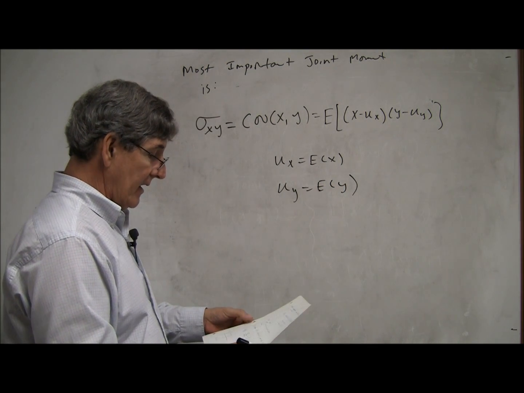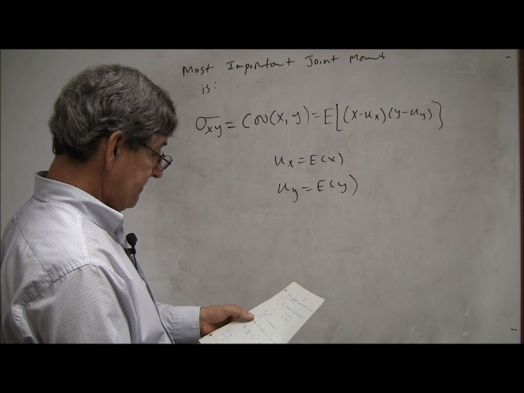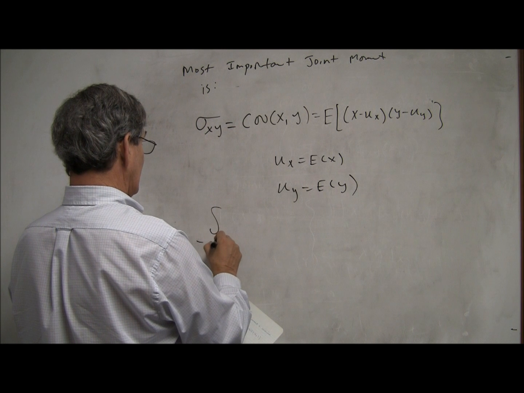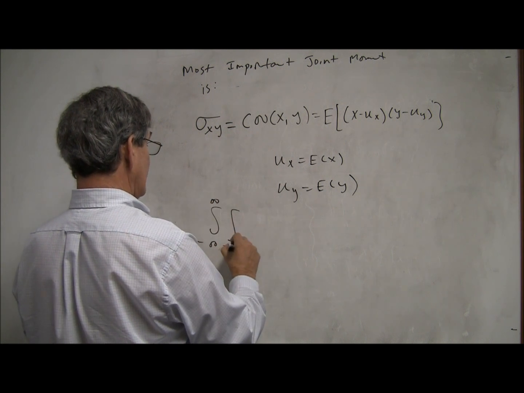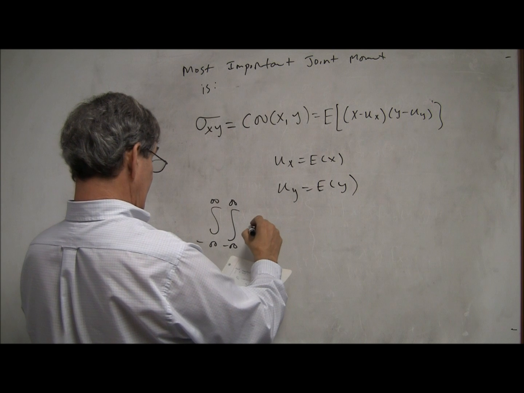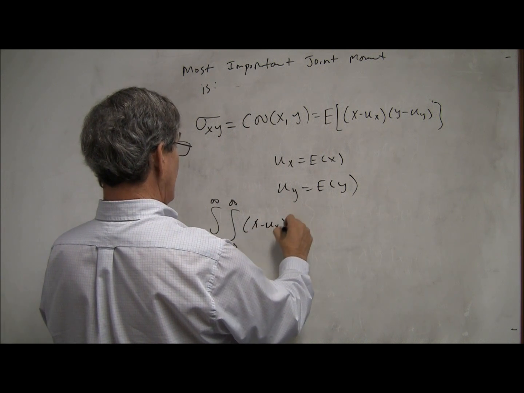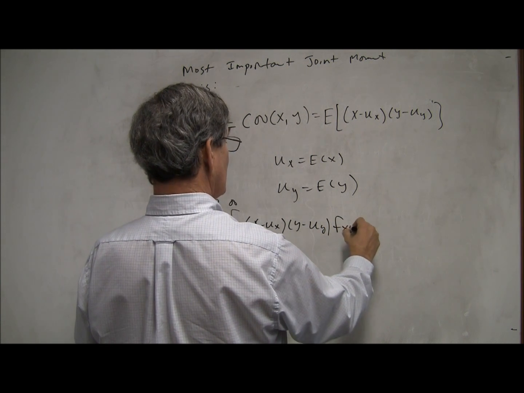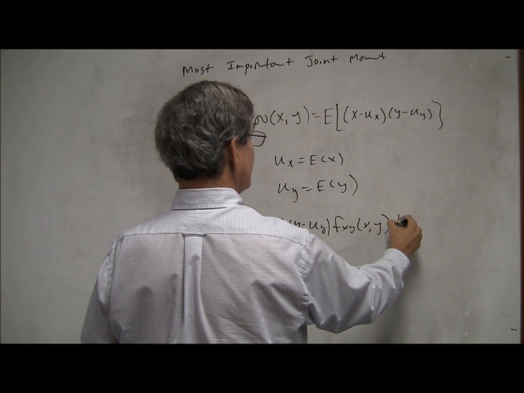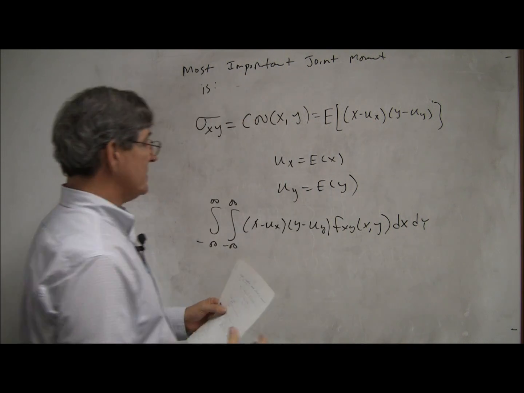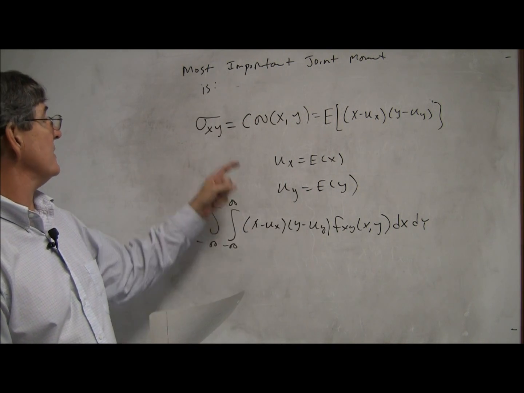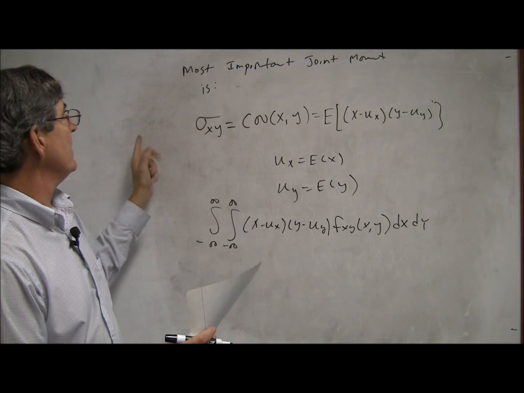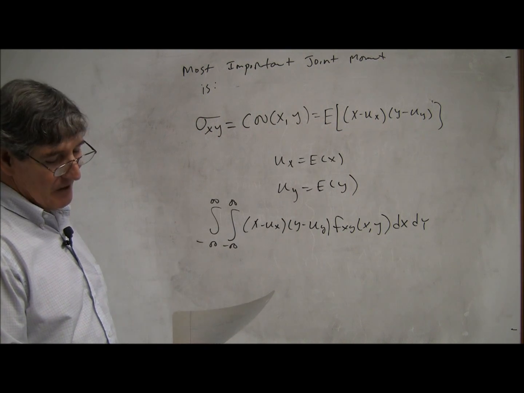And this is called the covariance. In the continuous case, for instance, it'd be the integral from minus infinity to infinity, integral from minus infinity to infinity of x minus mu_x, y minus mu_y, f_xy of x and y dx dy. So it's just what you'd expect for an expected value. So that's this expectation. That's the covariance. All three of those things are identical in terms of what they mean.